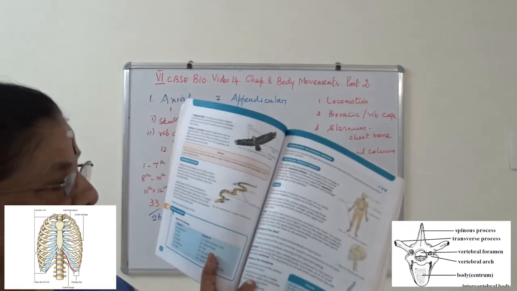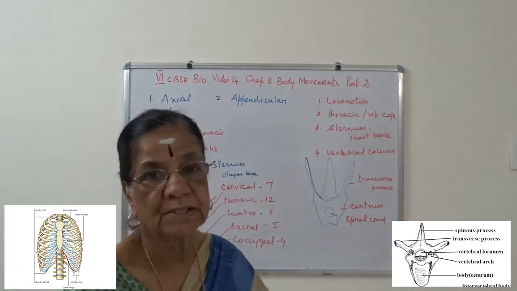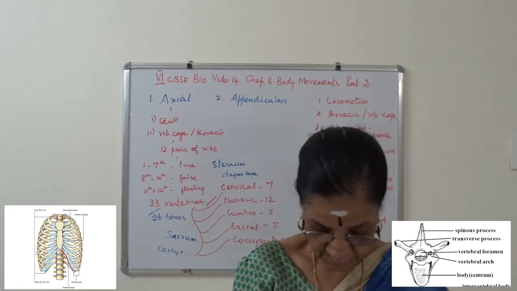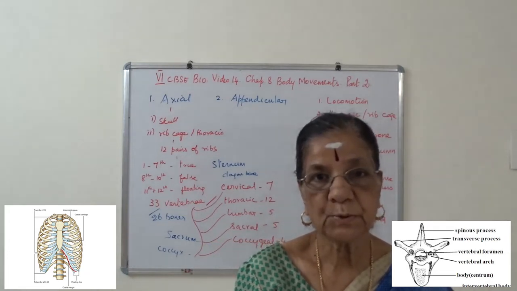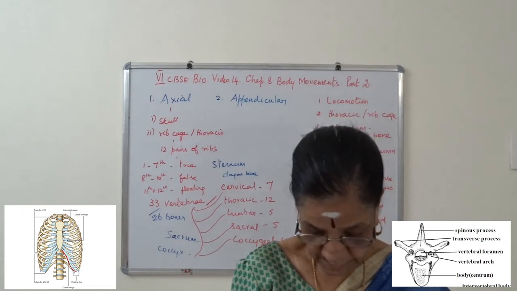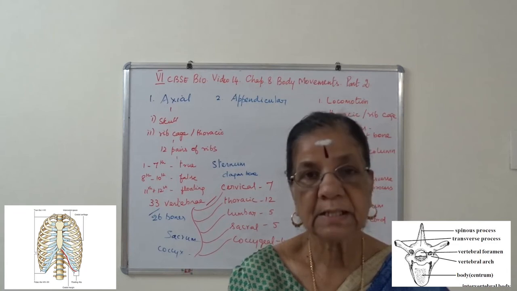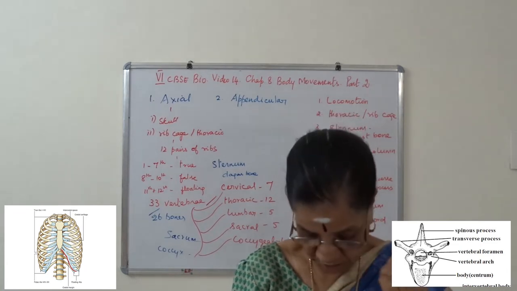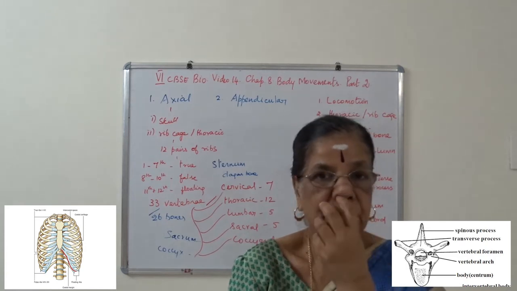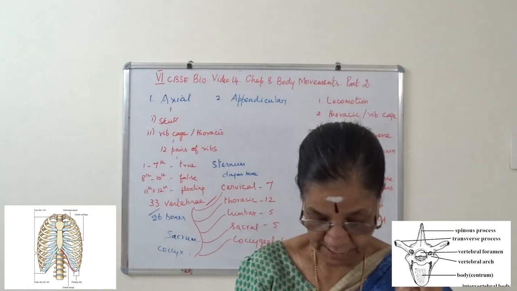Functions of skull, functions of backbone. Backbone acts as a central support of the body. Along with the hip girdle, it helps us in standing upright and provides support during locomotion, and it protects the spinal cord. This is the vertebral column or backbone.